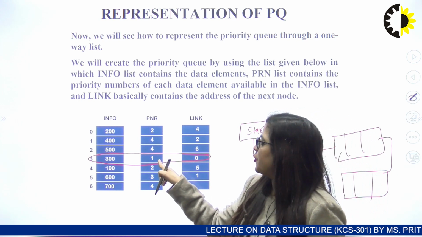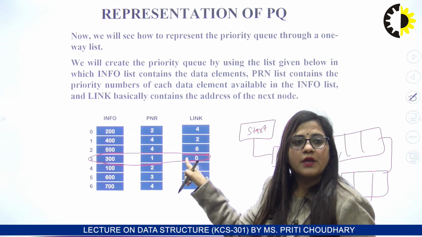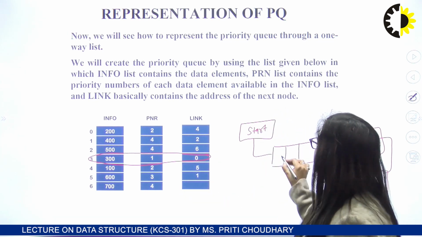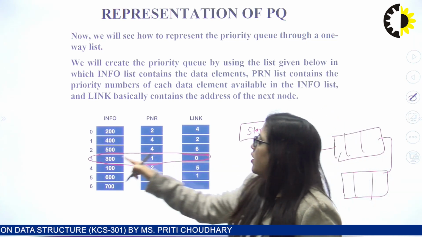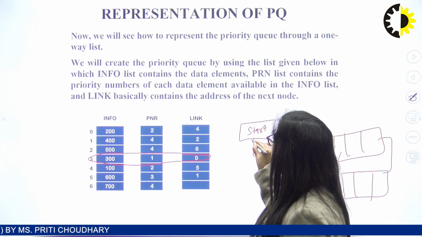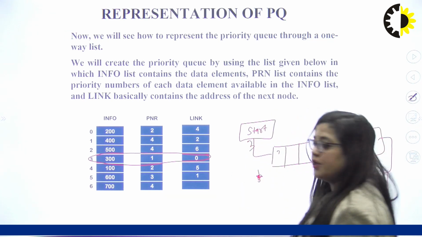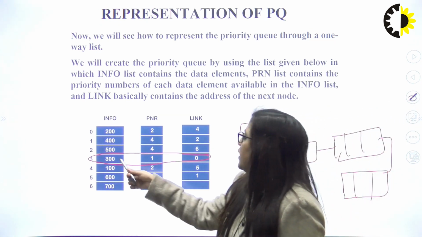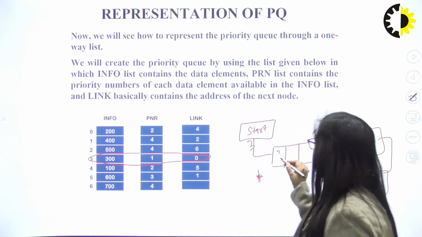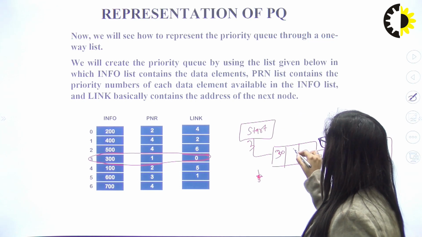Okay, highest priority is 1, information is 3, location, and link is 0, and start from 3. So your start value is given, indexing is 3. Okay, 300 is the location, even number, and 1 is the priority.